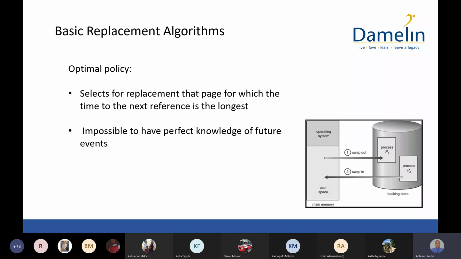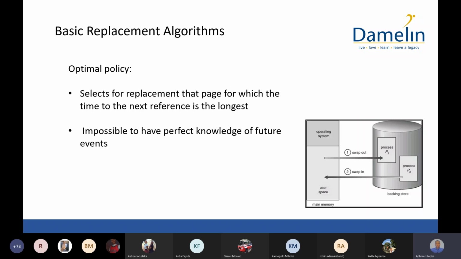There's what we call the optimal policy. Select for replacement that page for which the time to the next reference is the longest. Impossible to have perfect knowledge of future events. So it sort of assumes that a particular process has just been recently used, so the next time that the computer wants to make reference to it is not going to be anytime soon. So let's swap that out. It's just been used, which means the next time it's going to be referenced again, it's going to be a while from now.